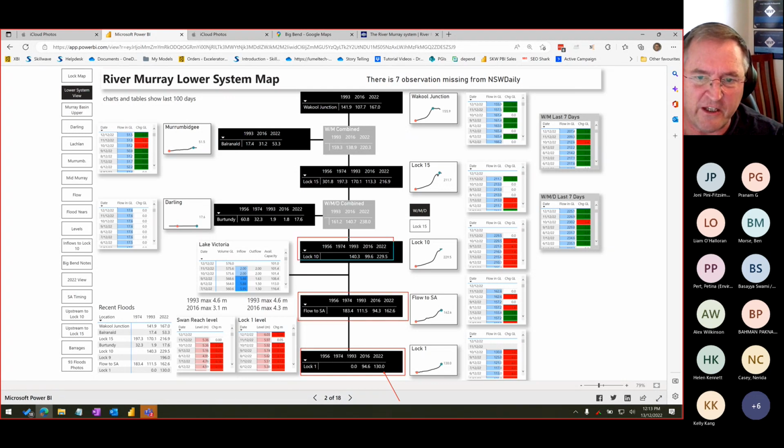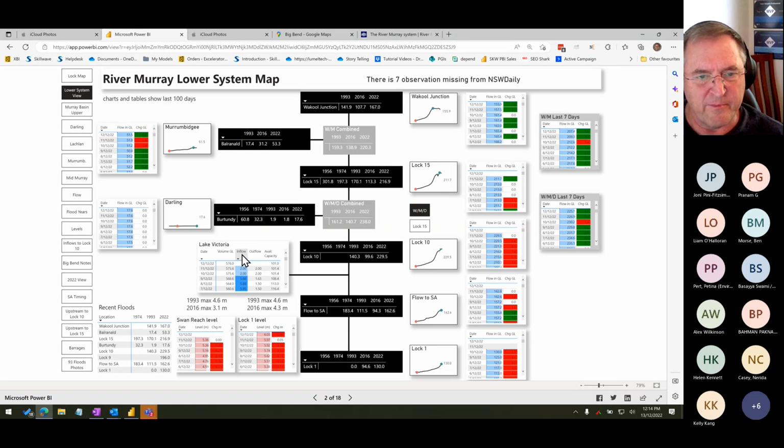Basically, as you go upstream, literally swim upstream, there's this water coming into South Australia. Before it comes into South Australia, it comes into Lock 10, but there's this opportunity to divert the water into Lake Victoria. And this is one of those examples where I learnt as I built this chart that the Murray-Darling Basin Commission has actually been siphoning water into Lake Victoria.